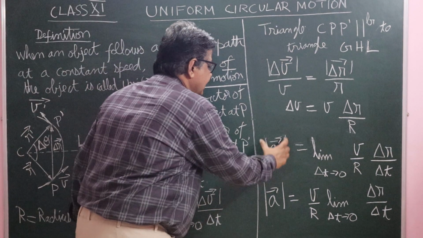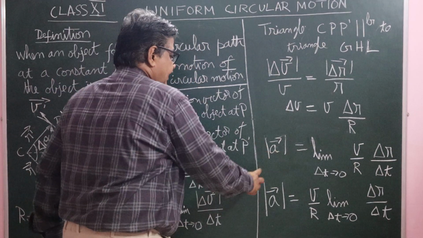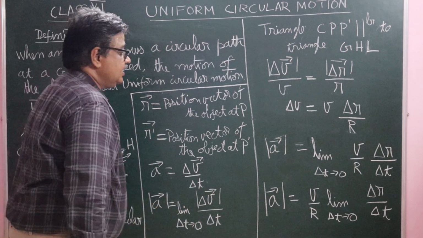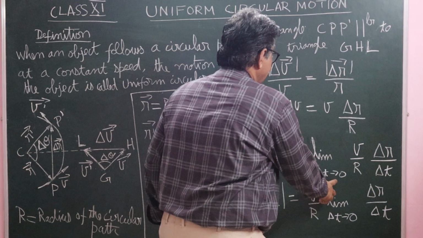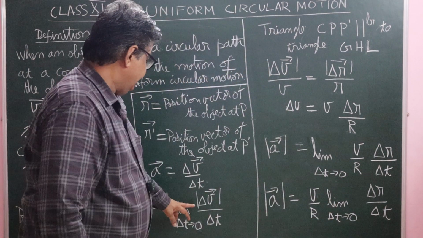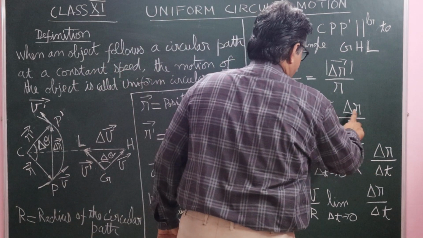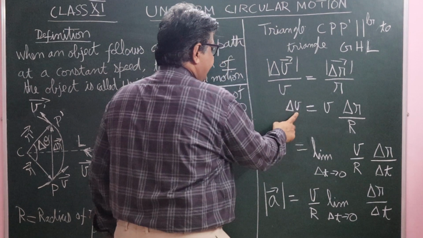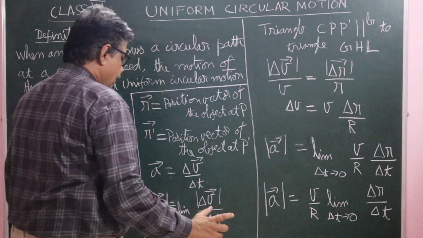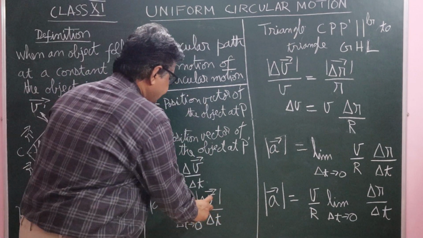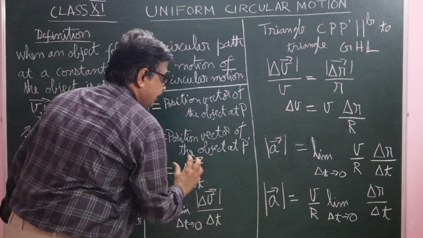Therefore, for the instantaneous acceleration, we take the limit as del t tends to 0. Substitute del V equal to V into del R by R here.